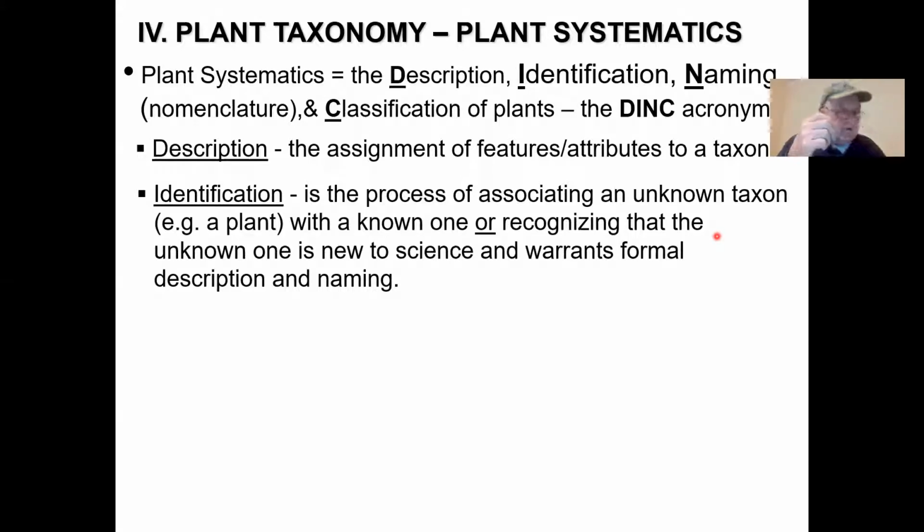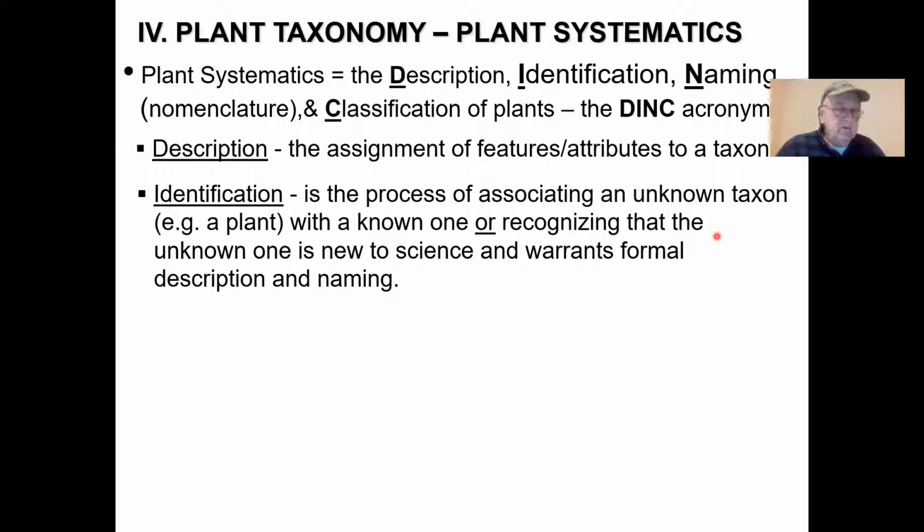Now, I'm going to say this, and I've never seen it published anywhere, but sometimes taxonomists like myself get criticized: well, you're not really doing science when you're doing taxonomy. Nobody's ever said that to my face, at least, but the criticism would be you're not doing the scientific method.